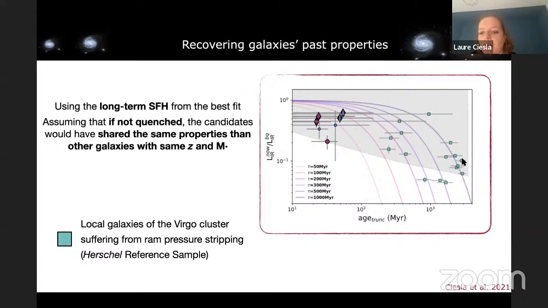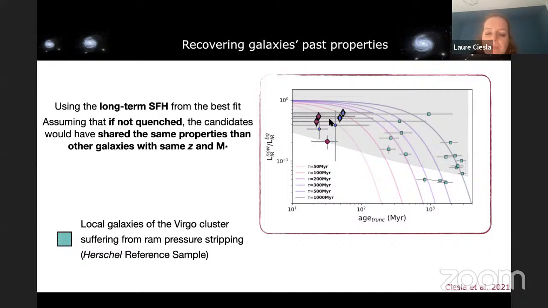So it's another indication that we are doing something that is not crazy, because we find the typical time scale of ram pressure stripping. And we assumed, completely arbitrarily, that the infrared luminosity after quenching decreases as a decreasing exponential, with different tau. This is what we showed here with the lines.